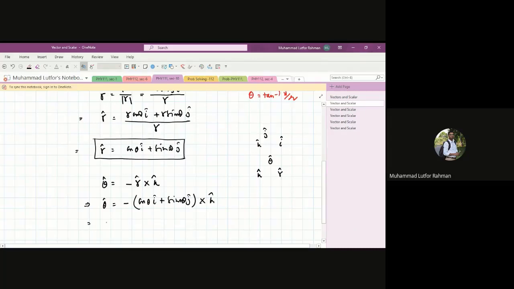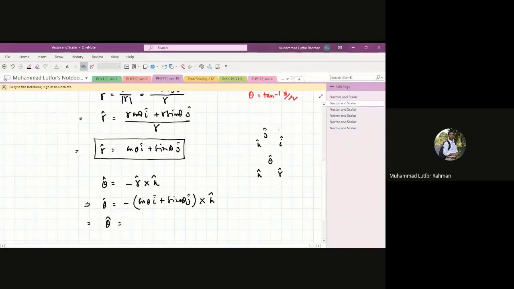Now what will that theta hat be? If you do that, look at this. I cross k, what will that be? If you take i cross k, that will be minus j. Am I right? Look at this. If I go counterclockwise, i cross j would be plus k, j cross k would be plus i, and k cross i would be plus j.